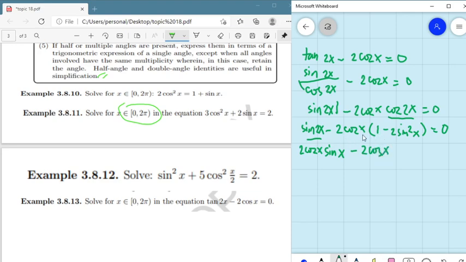When we multiply this one times 1 and this one times this one, it becomes positive 2 cosine x sine squared x equals 0. Okay?